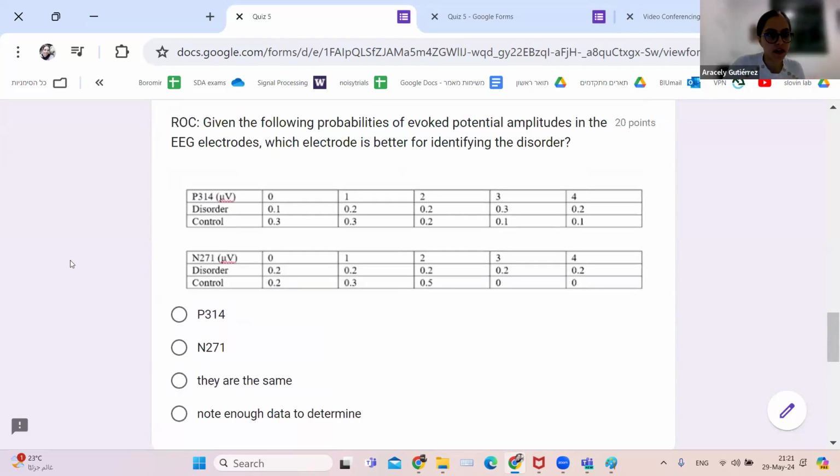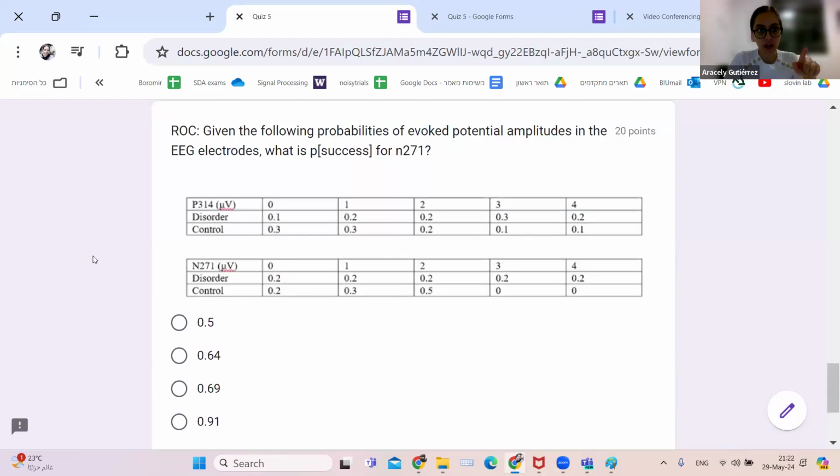Yes. So here it asks you to identify the best electrode. And I was wondering if we should do it just by visualizing the probability graph, because if I do this, I get a different result than calculating the probability of success. Because in the last question, it asks the probability of success of one of the electrodes, but I calculated for both just to compare.